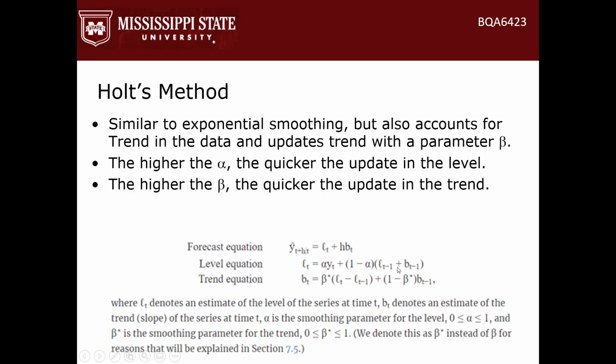So for period 1 in the example I gave it was 1,100,000. And then we also update the trend based on the actual difference between the levels and what we forecasted given our previous trend. And this time we have an extra parameter beta, where we're updating the trend based on a weighted combination of our previous forecast and the actual change given the last data.